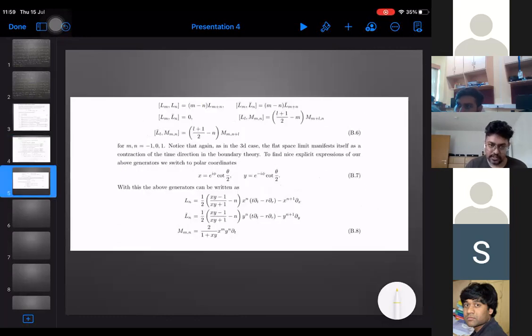Finally, if you do that and try to find the commutation relations, it's given by this, for m and n equal to -1, 0, and 1.